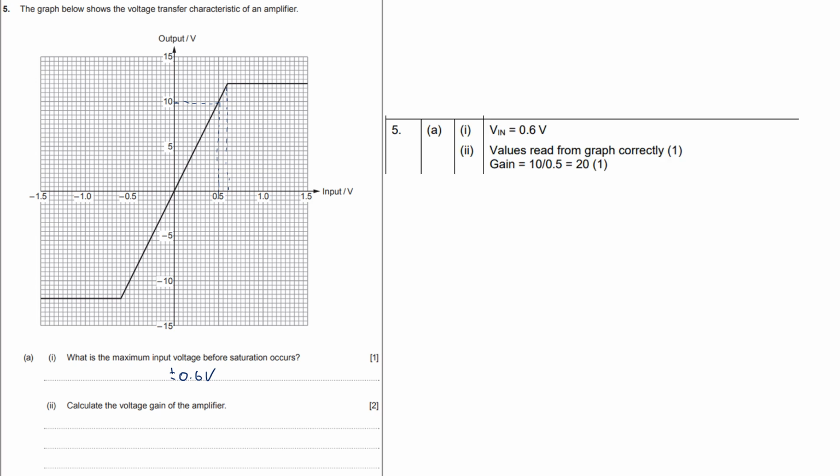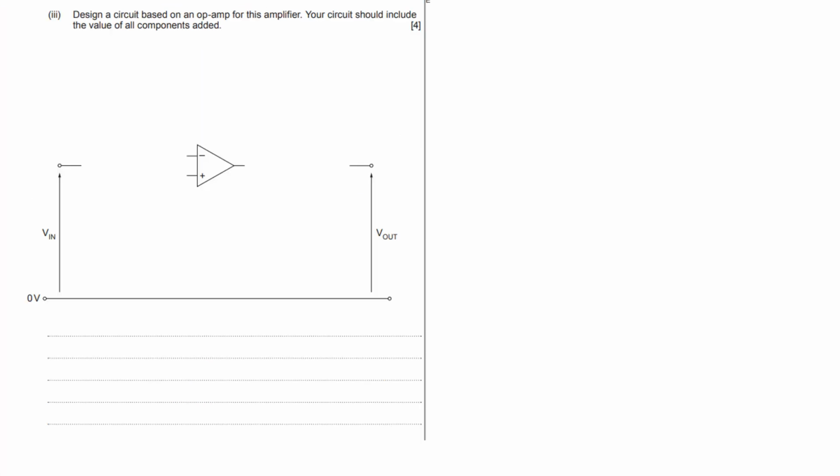So 10 over your 0.5 is a gain of 20, and it's obviously non-inverting, isn't it? There is a mark for reading values on your graph correctly, so I'd probably dot across on the graph as well. I know it's obvious if you did 10 over 0.5, but just dot across, it can't hurt. And with a gain of 20, draw me a non-inverting op amp. What value will the resistors be?